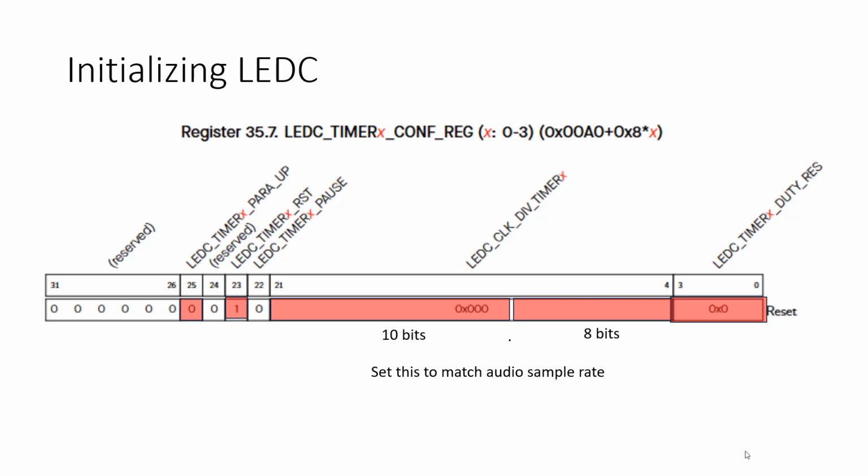duty resolution, okay? So this is a little weird too. This is the factor for converting the 80 megahertz APB clock to the PWM frequency, right?